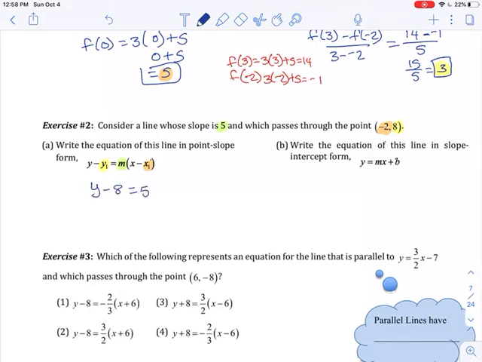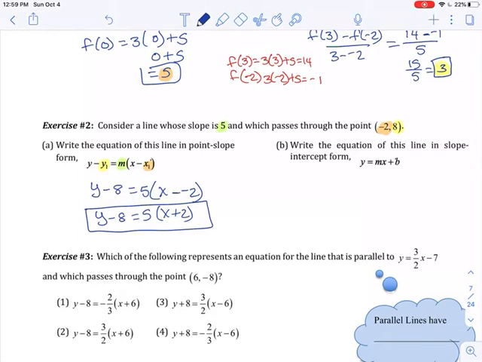Okay, so it's going to be y minus 8 equals my slope, which is 5, parentheses x minus, and then my x1 is -2. Well, x minus -2 is really just x plus 2. And this right here can be my answer. Can I distribute this? Absolutely, or I could just leave it just like that.